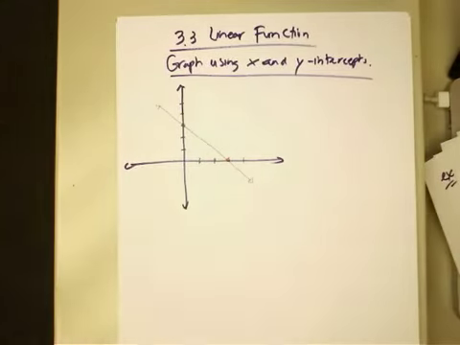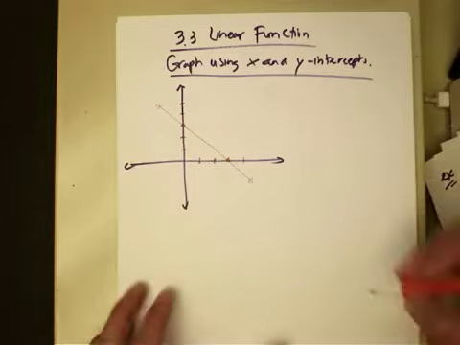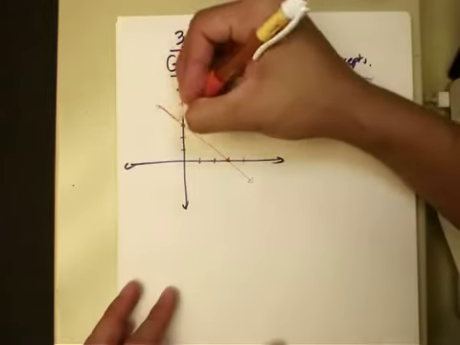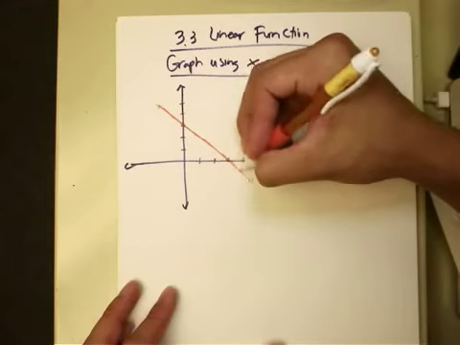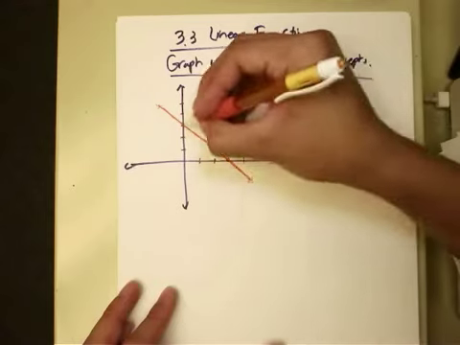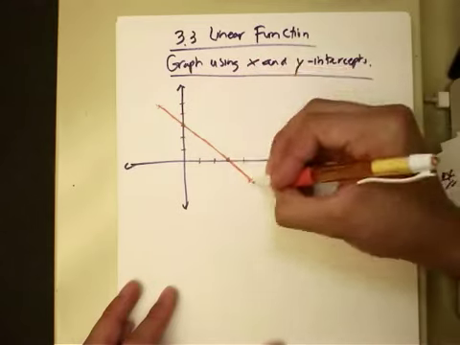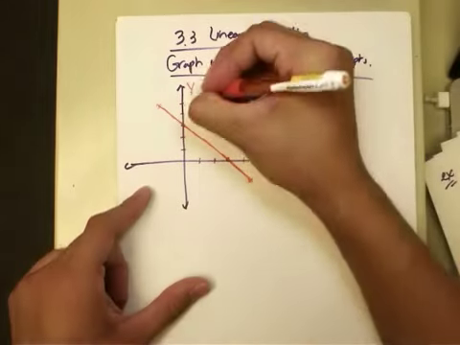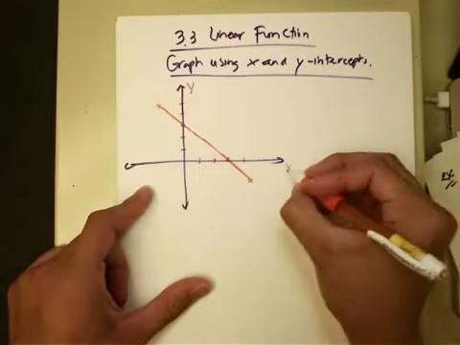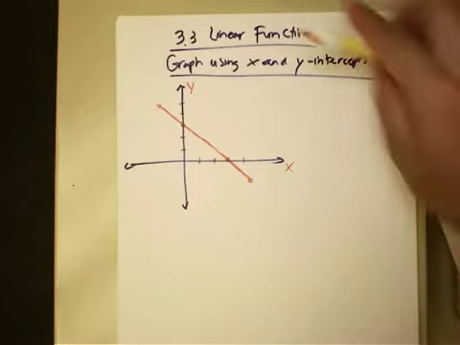Notice that this particular line, if you can see it, I'm trying to darken it a little bit here so you can see. This particular line crosses through 2 points, but more importantly, it's crossing through your y-axis and it's crossing through your x-axis. Okay?